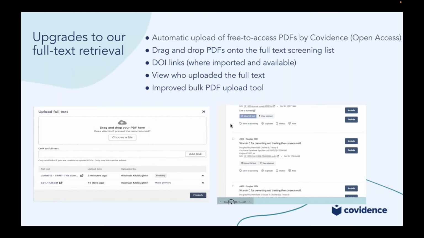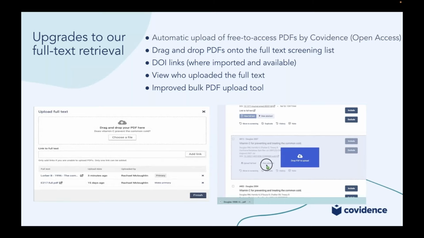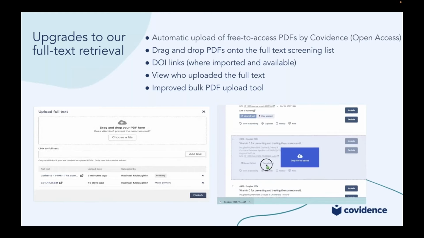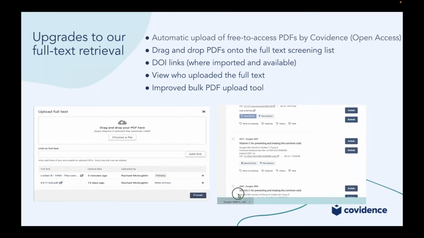So I'm going to go through some of our features, and then I'll do a live demo to reinforce them so that you can see the features in action. Among our recent upgrades that relate to full text retrieval, you can automatically upload free to access PDFs, and that's done by Covidence.